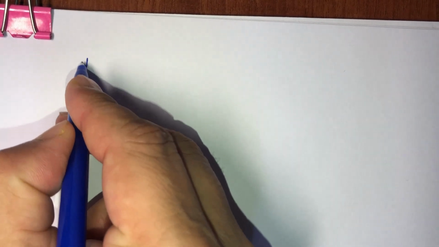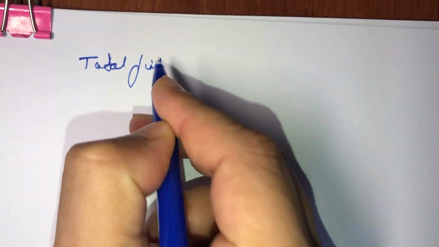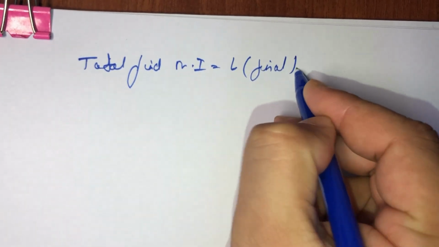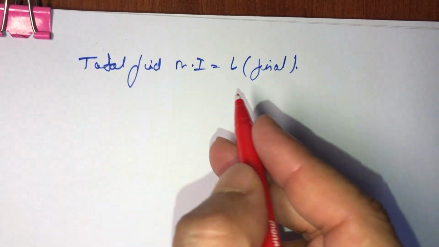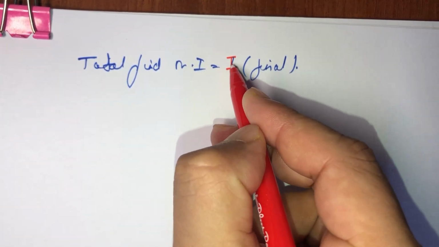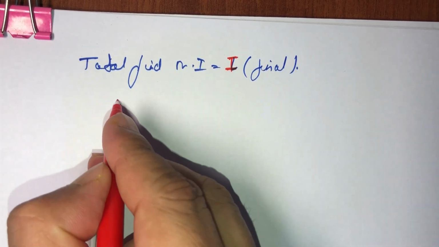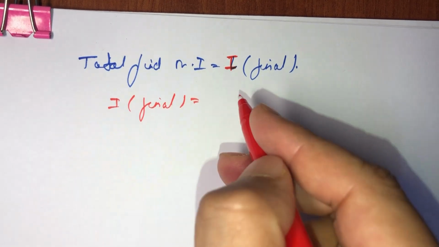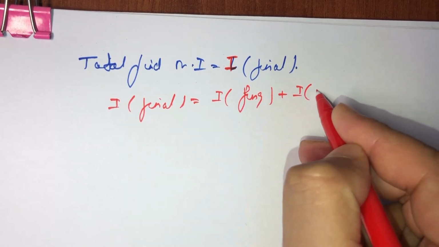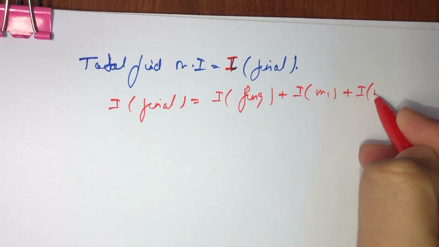and now we can simply solve it. Therefore, we can say that the total final moment of inertia, which is given as I final, will be equal to the moment of inertia because of the ring plus the moment of inertia because of point mass m1 plus the moment of inertia because of point mass m2.